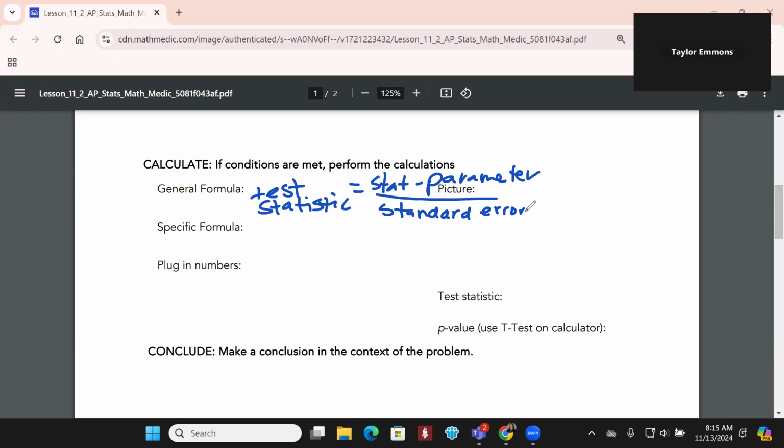Sort of. Population and sample. So the specific formula is T equals X bar minus mu divided by the standard deviation. I'm sorry, standard deviation divided by square root of N.